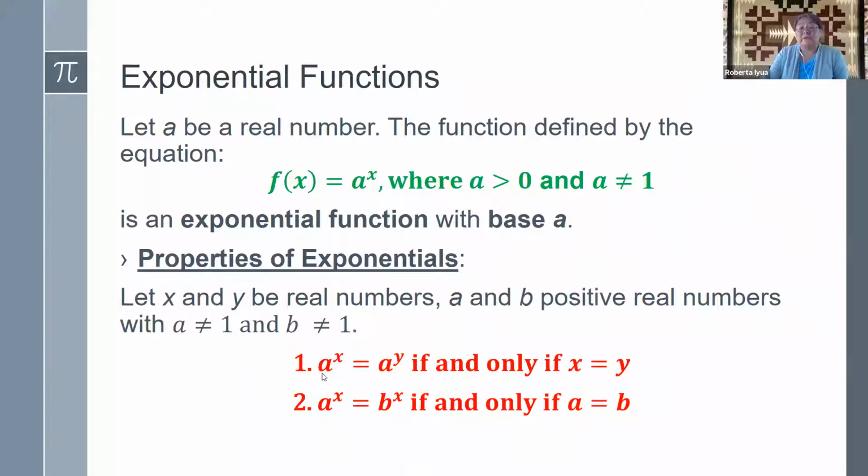So the first one is a raised to the x is equal to a raised to the y if and only if x is equal to y. The second one is a raised to the x equal to b raised to the x, if and only if a equals b.